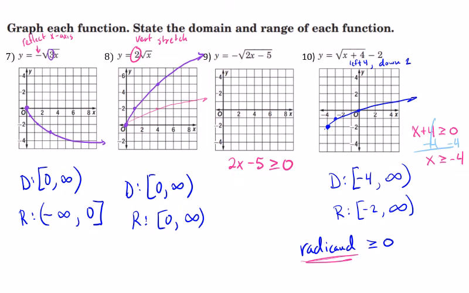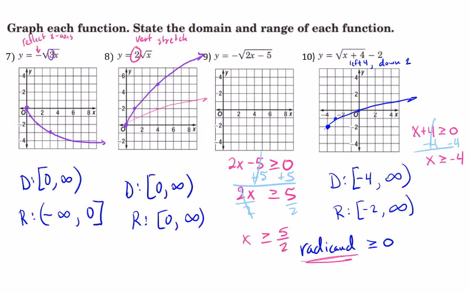So then I can add 5 to both sides, and I would get 2x is greater than or equal to 5. Then I would divide by 2, and I would get x is greater than or equal to 5/2, right?